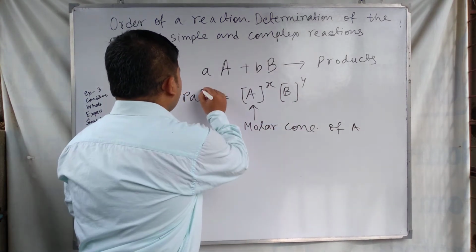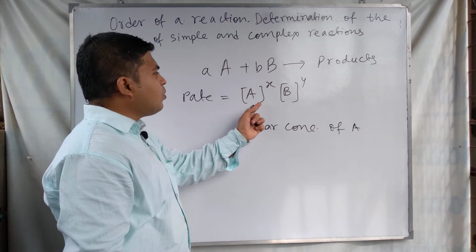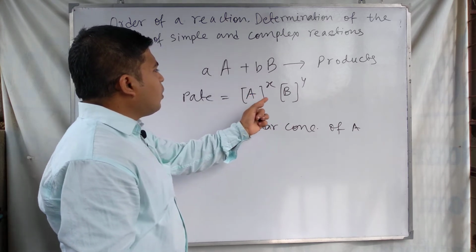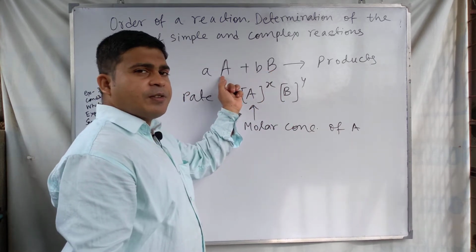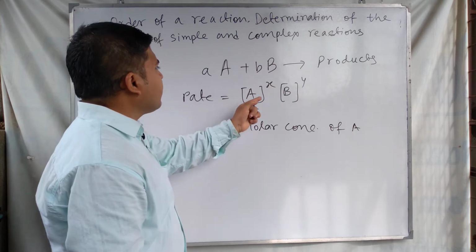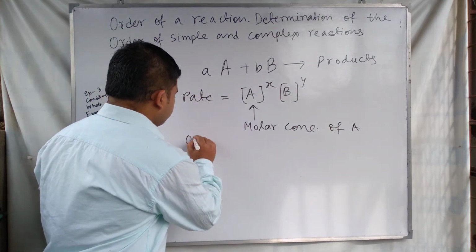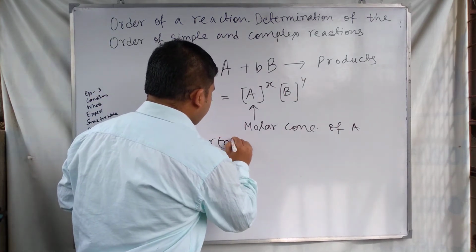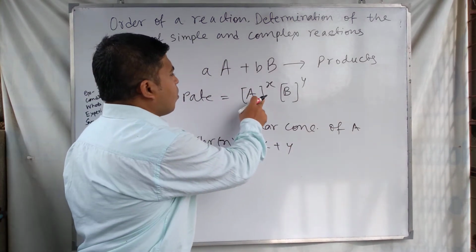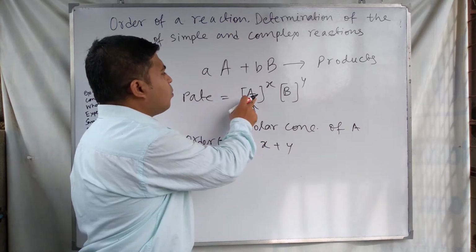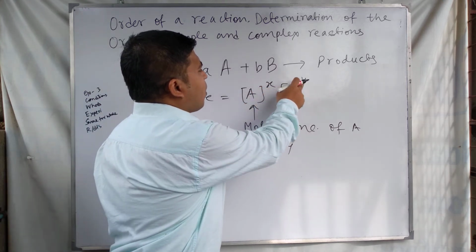In the rate equation, the molar concentrations of the reactants A and B are present, and their powers are x and y. So for this reaction, the order n is equal to the sum of the powers of the molar concentration terms of the reactants. The molar concentration terms are [A] and [B], and their powers are x and y.